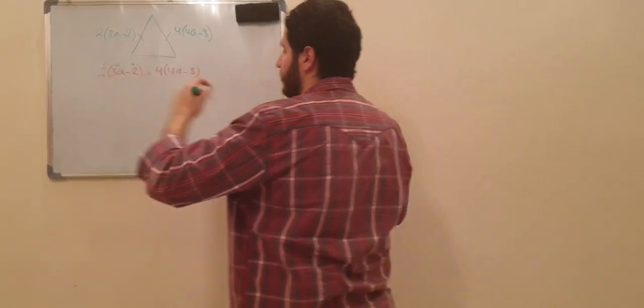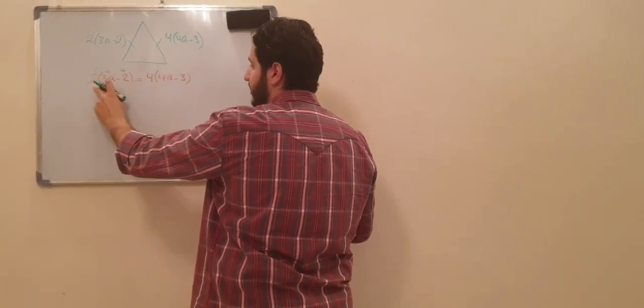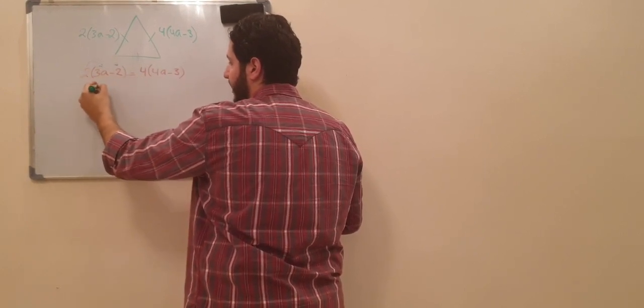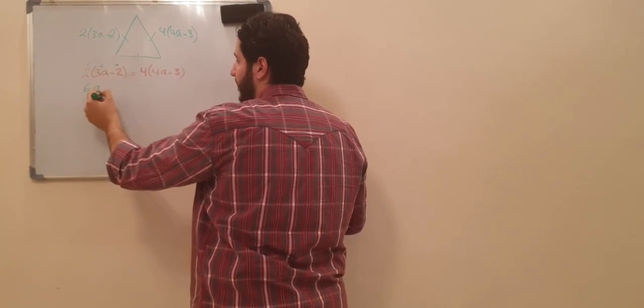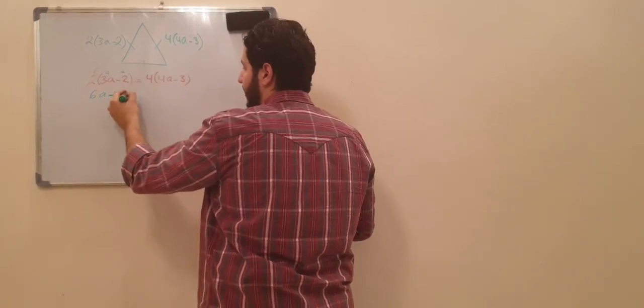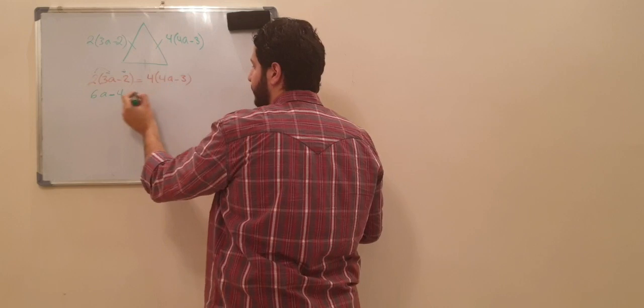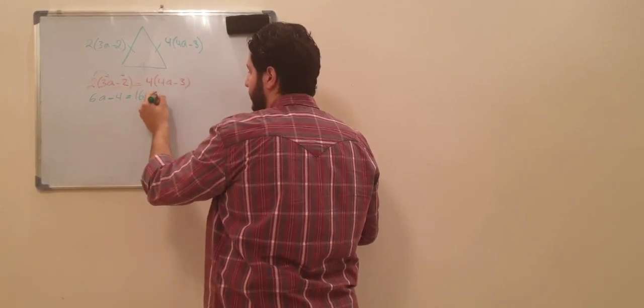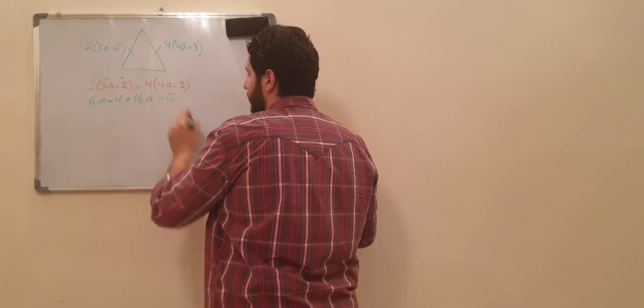By multiplying the term that's outside of the bracket, so 2 times 3a, that's 6a, and 2 times negative 2, that's minus 4. On the other side, you have 4 times 4a, that's 16a, and on this side you will have minus 12.